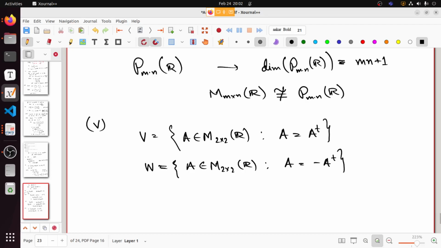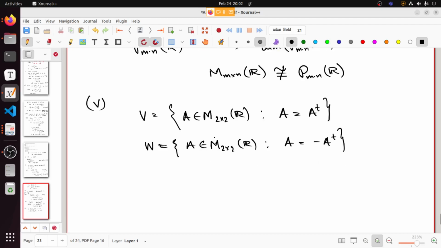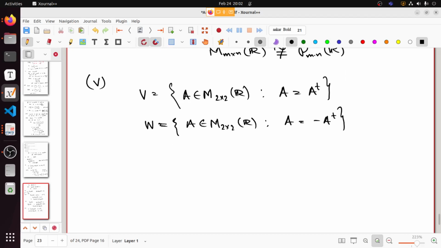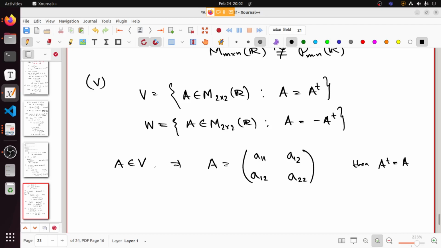What will be the dimension of these two spaces? Since A equals A transpose, the off-diagonal elements should be the same. So A in B should be of the form A11, A12, A12, A22, because if you take the transpose it is again the same.